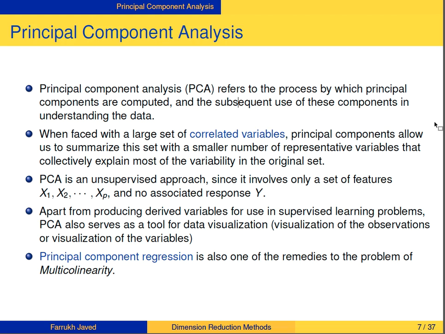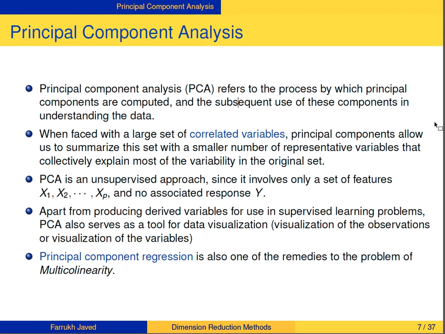When faced with a large set of correlated variables, principal components allow us to summarize this set with a smaller number of representative variables that collectively explain most of the variability in the original data. This is the idea: you reduce the dimension while keeping maximum variability in the original data.